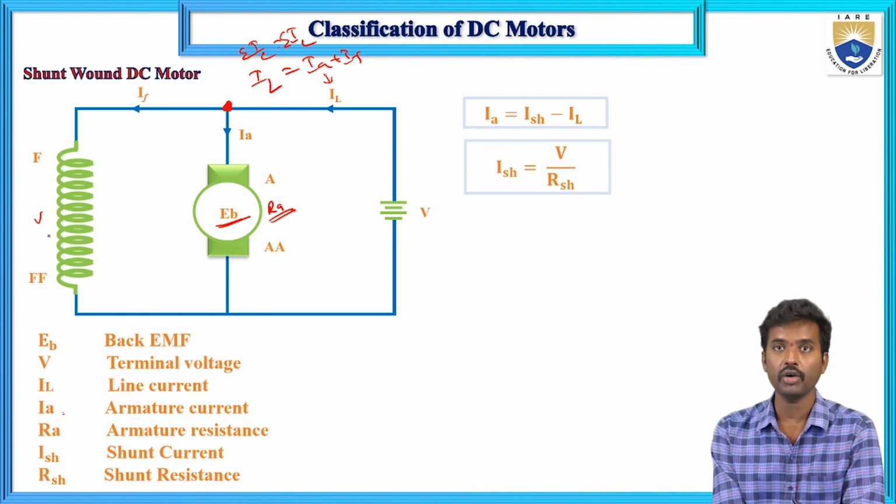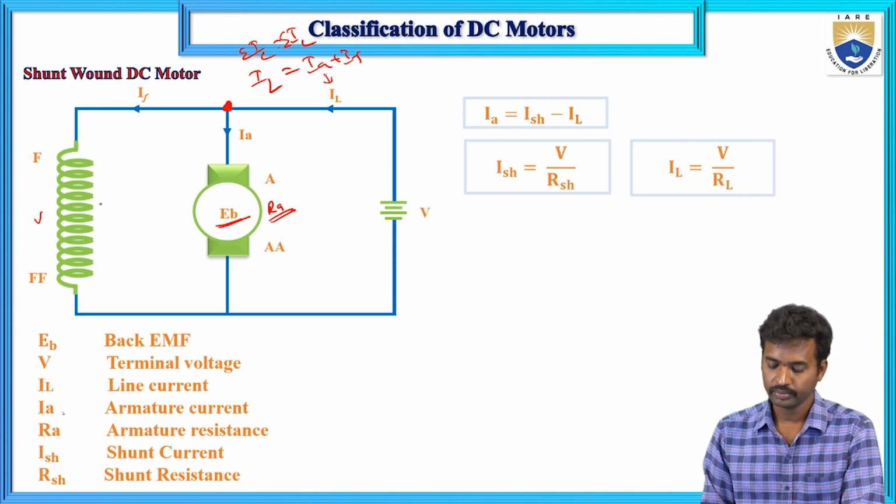The same voltage is developed across each element. So this voltage, this voltage, this voltage and this voltage are the same. Now IL equals V by RL. This is the RA, and this voltage is divided by this one.